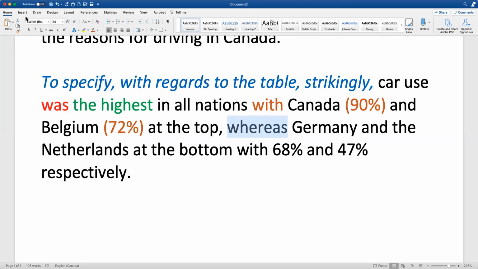Whereas, just to connect the other side, Germany and the Netherlands at the bottom, with 68% and 47% respectively.